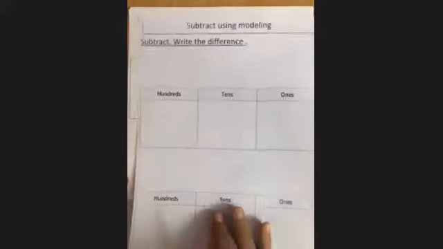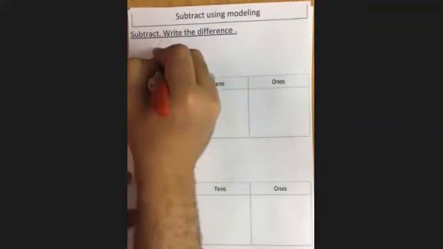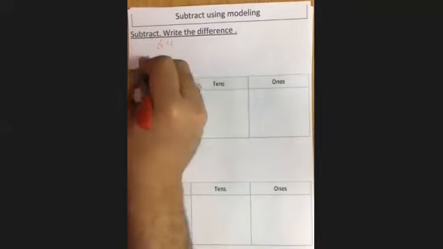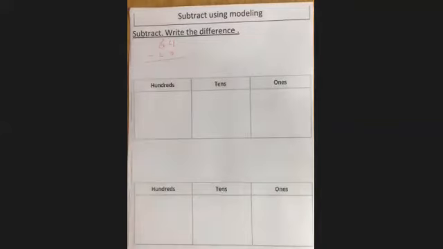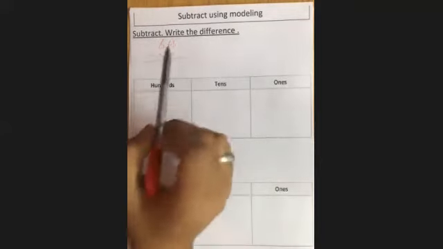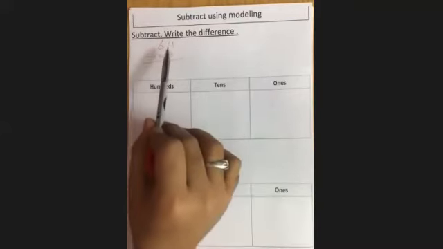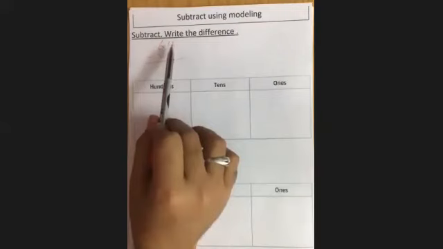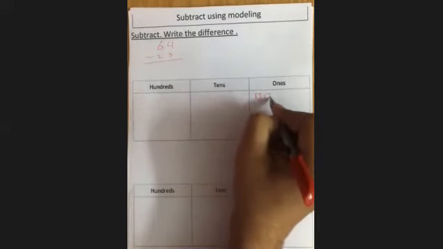As an example, if I want to subtract 64 minus 23. What are we going to do here? In the beginning, I want to represent 64 here. I will represent 4 ones, like what we did in the last online session, by 4 squares.